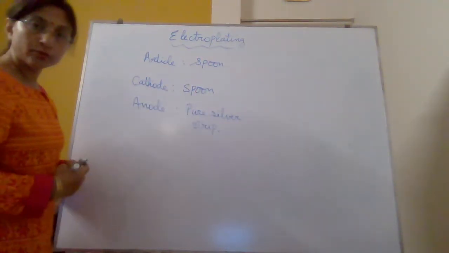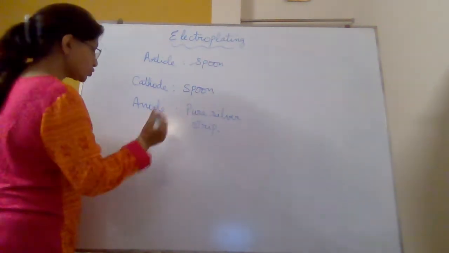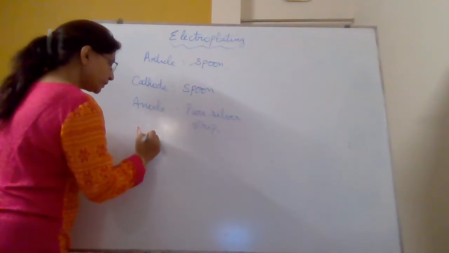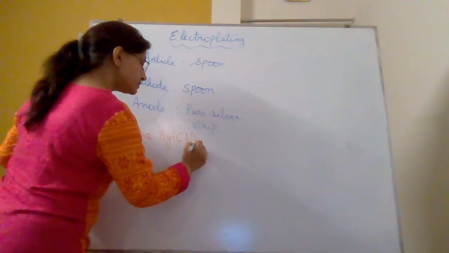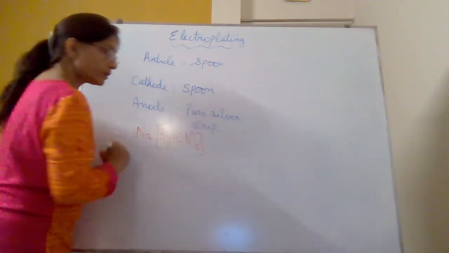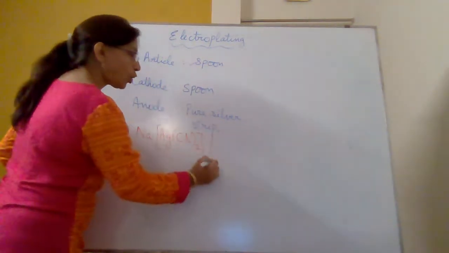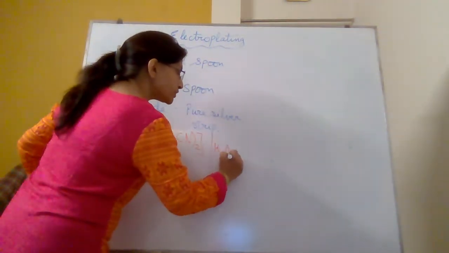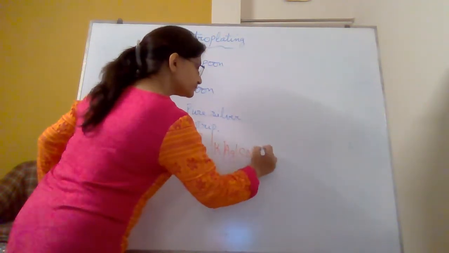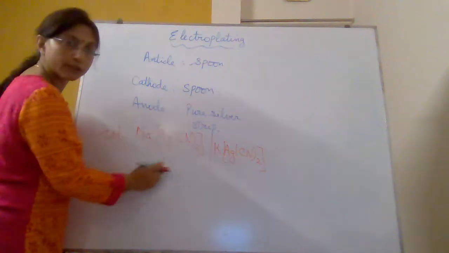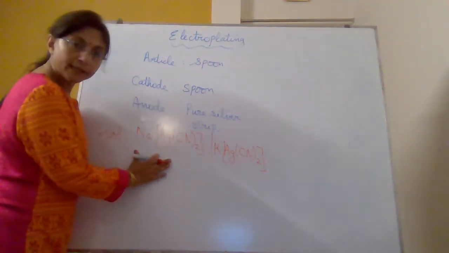Now, which electrolyte will we take in this? The electrolyte we are going to use is sodium argento cyanide, a solution of sodium argento cyanide, or we can also have potassium argento cyanide. Either one of these is a complex salt.